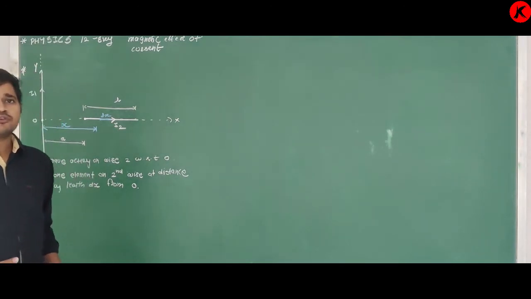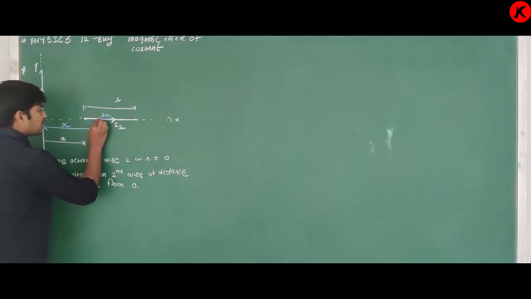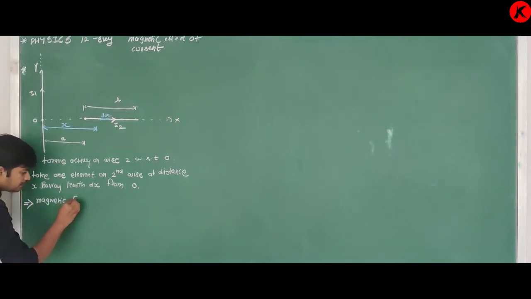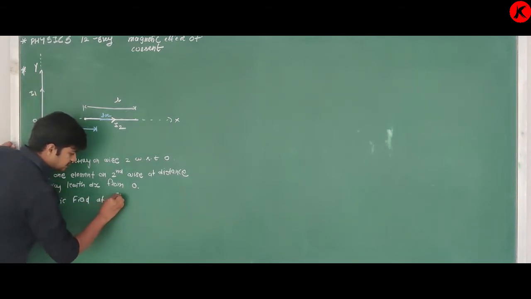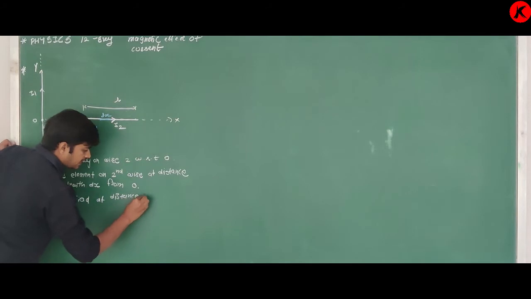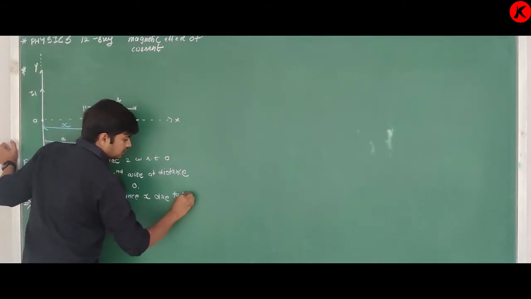To find torque, first of all we require the position vector and force. For force, first we have to find the magnetic field at this point. So the first step is to find the magnetic field at distance x due to wire 1.